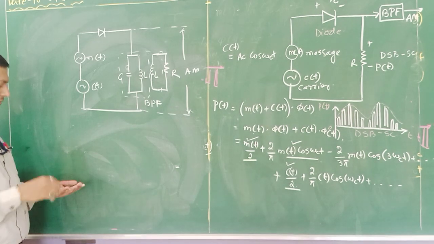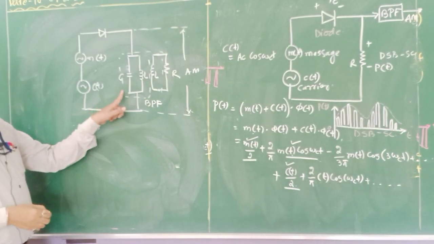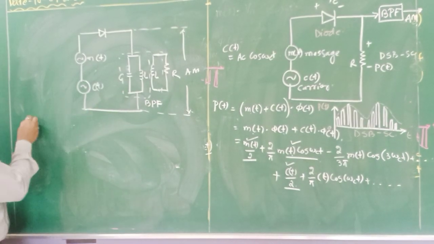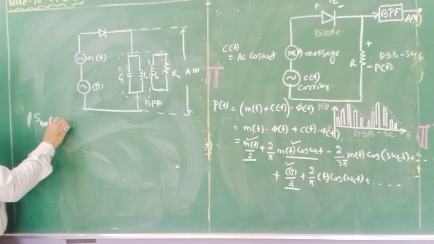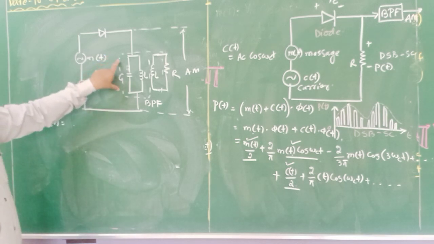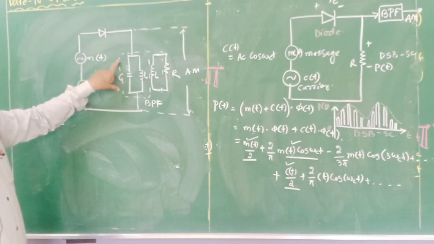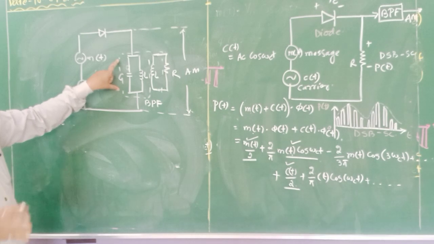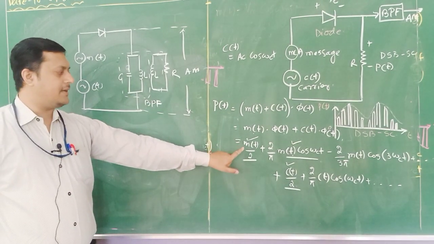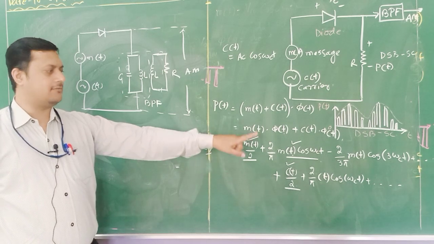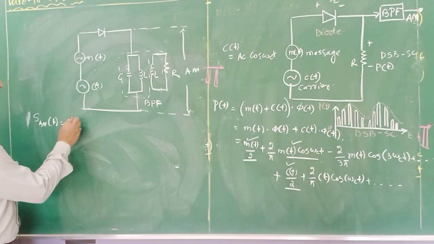Now this P of t, when it is provided to this band pass filter, I will write S suffix AM of t. Now this band pass filter is only centered on the carrier frequency and the sideband. It will attenuate or suppress the modulating signal as well as the higher components. So how much will I get?